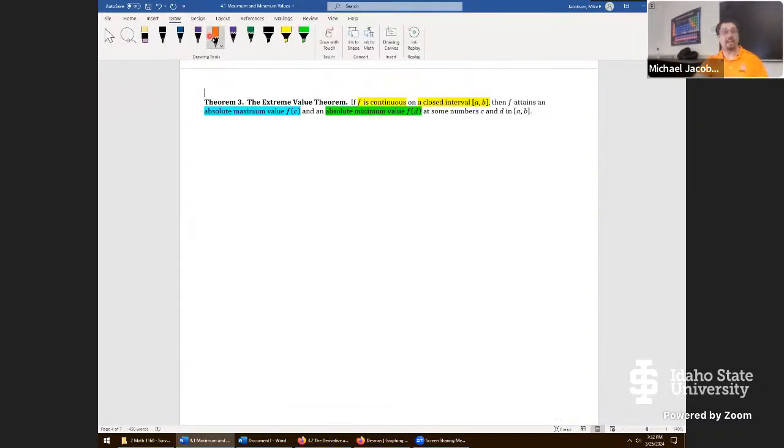And we're going to see later on in chapter 5, just as a preview, that we're going to integrate functions, and we'll say a function is integrable if it's continuous on a closed interval. So if we have continuity on closed intervals, suddenly we're getting to the next concept of the course. That's going to be our integrability.